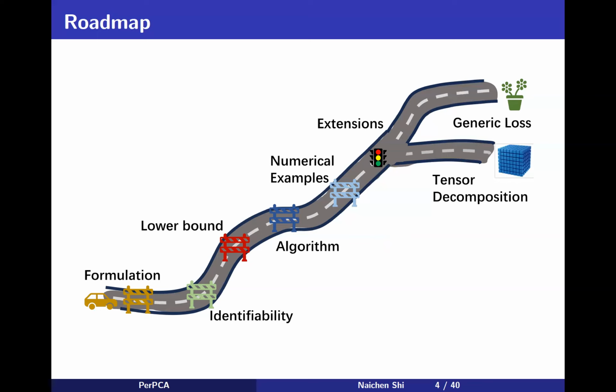And then I will introduce the algorithm to identify the principal components from the observations. And then I will use a few numerical examples to illustrate the applications of the personalized PCA in different scenarios.